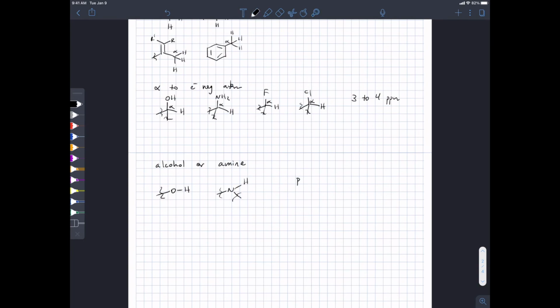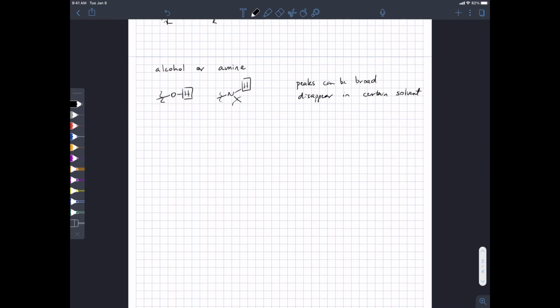So depending on the situation, peaks for protons directly attached to heteroatoms can be broad, meaning not sharp. And then another thing is that they can disappear in certain solvents. We haven't talked about what solvents we're using for NMR experiments, and we can come back to that a little bit later.